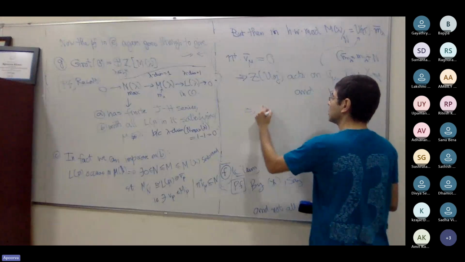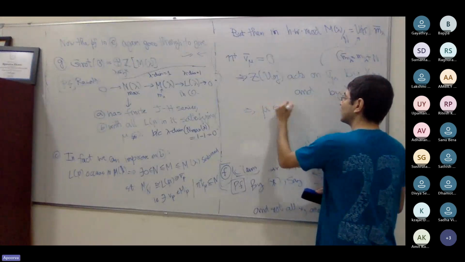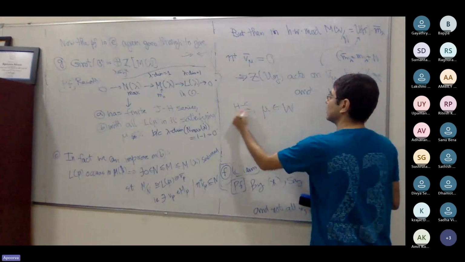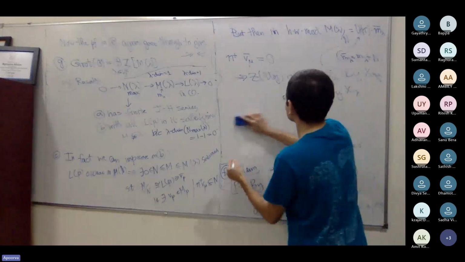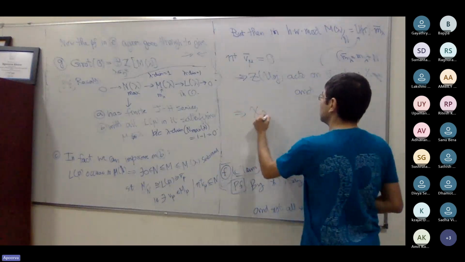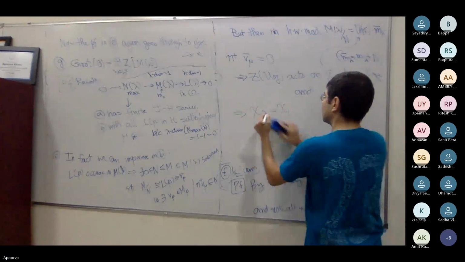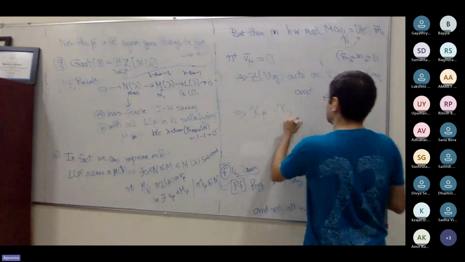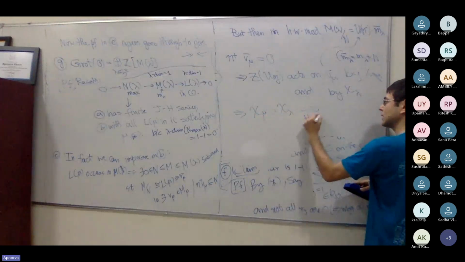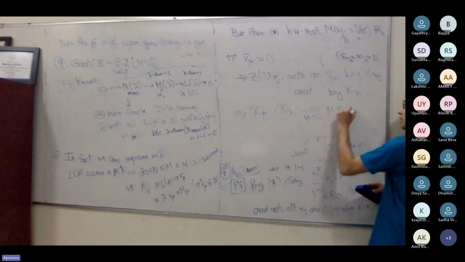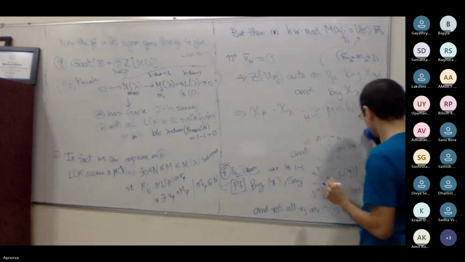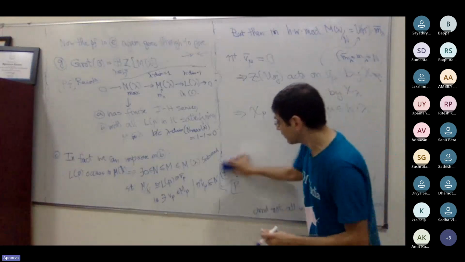The central characters are equal, which implies by Harish-Chandra's theorem that mu belongs to the twisted Weyl orbit of lambda. Okay, so this is the information we have.